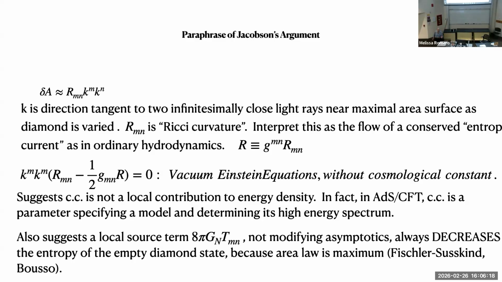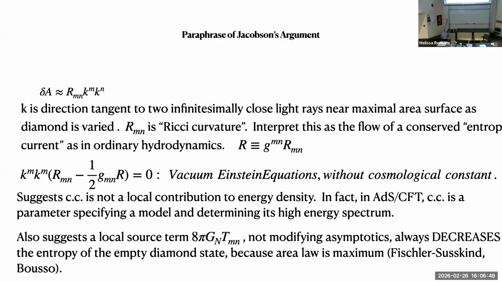But we'd like to think of it in hydrodynamics as coming from a conserved entropy current that's flowing through all of space-time. Well, there's a unique conserved entropy current whose first term is the Ricci curvature. And it's the so-called Einstein tensor, Rmn minus a half Gmn R, where Gmn is the metric, and R is this combination of the metric and Rmn.